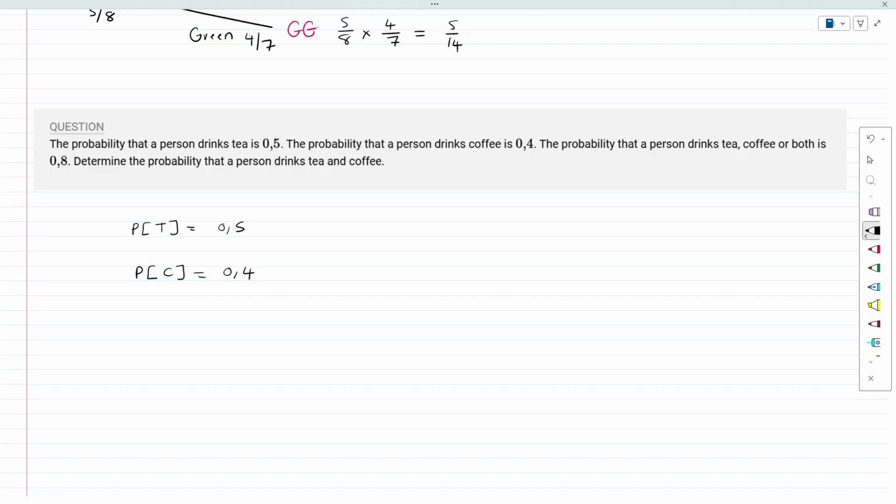Okay, cool. This one is a tricky one, right? But basically, they're telling you that the probability that they're drinking any of this here is 0.8. So the probability of tea or coffee is 0.8. Right? And are we good? Determine the probability that a person drinks tea and coffee.